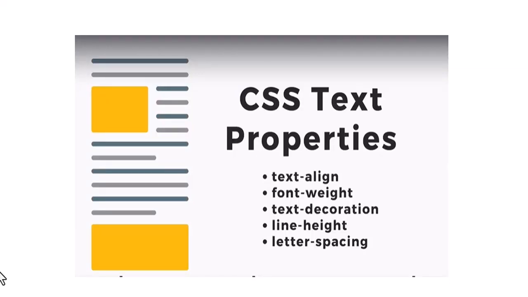So come to the CSS properties. We have properties like text alignment, font weights, text decoration, line height, line spacing, and one more thing, text size. There is a difference between these properties.